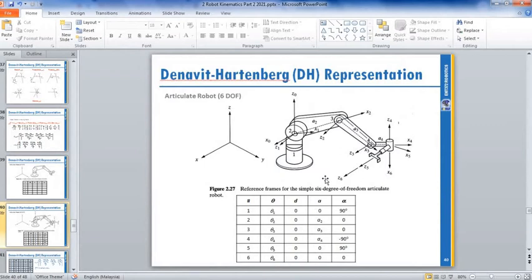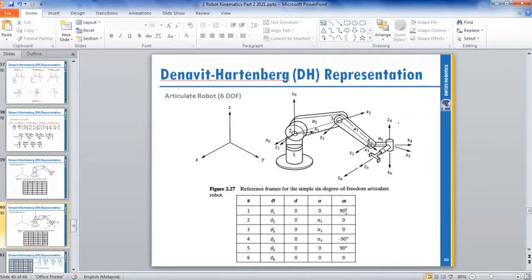They have all revolute joints. When you have all revolute joints, you have all theta rotation, because in this case all rotation is about Z.